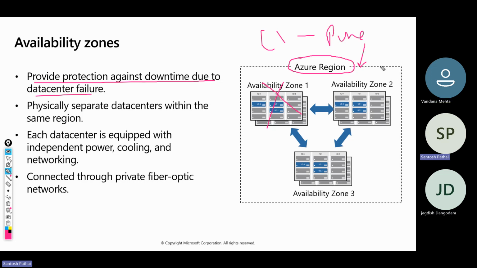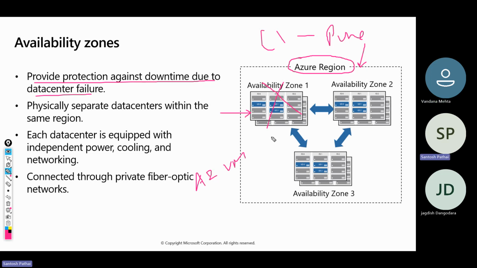Now, when we are selecting a region, we have the option to select the availability zones also, where I want to place my data. These are randomized data centers. If I am spinning up my Azure virtual machine, I'm placing it in availability zone one.